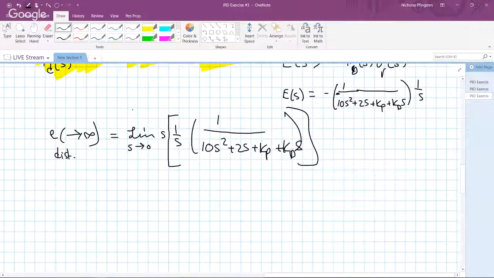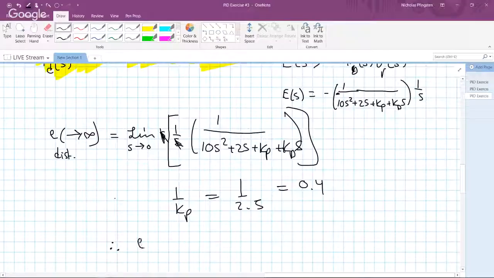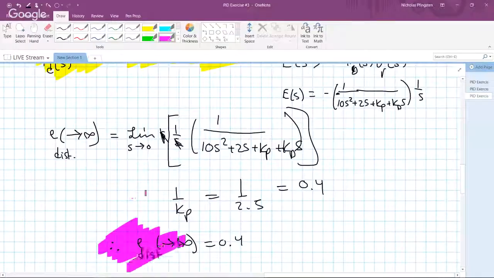Oh, and the S's cancel out, by the way. They're gone. It's 1 over Kp. And Kp is 2.5, which will give us 0.4. So this solution as t approaches infinity is 0.4. So that is the last part of this problem.